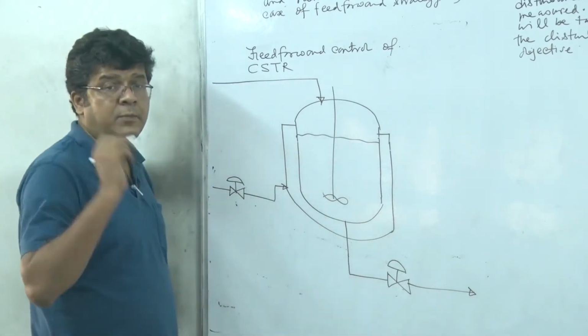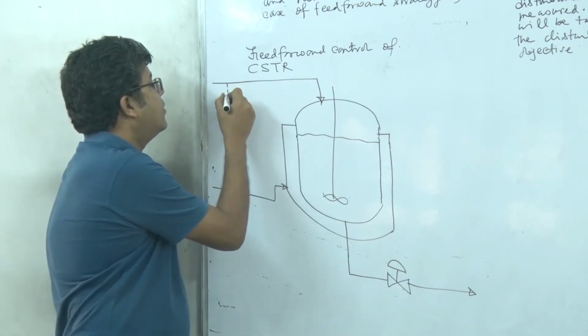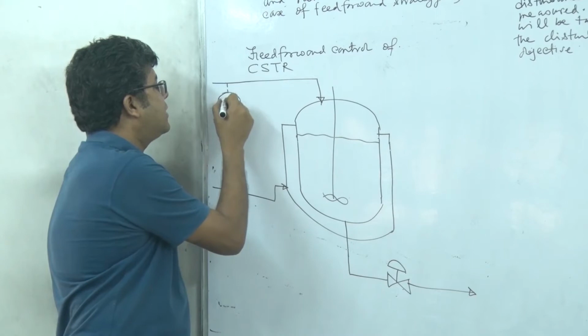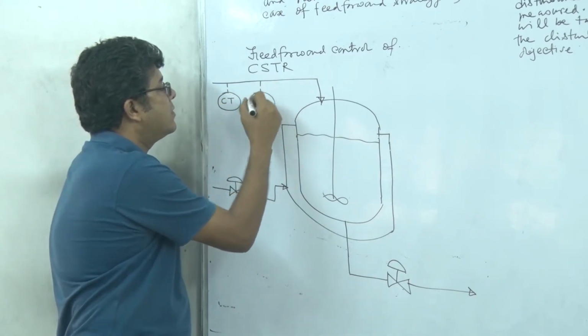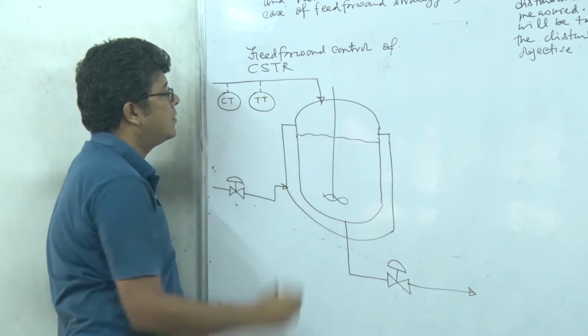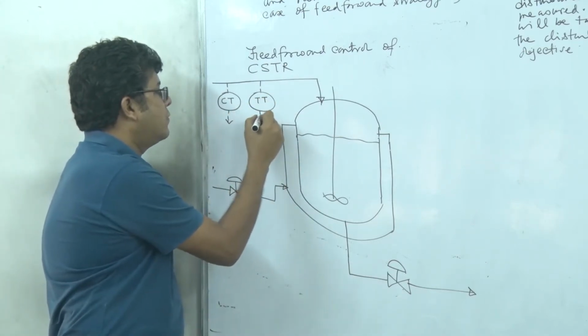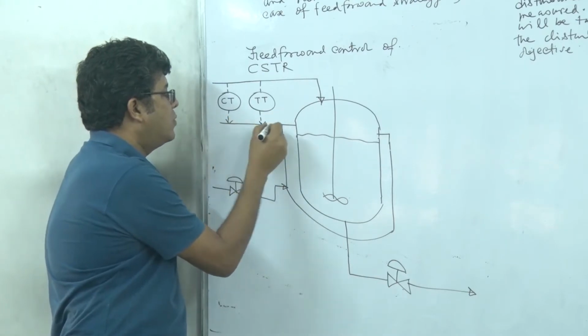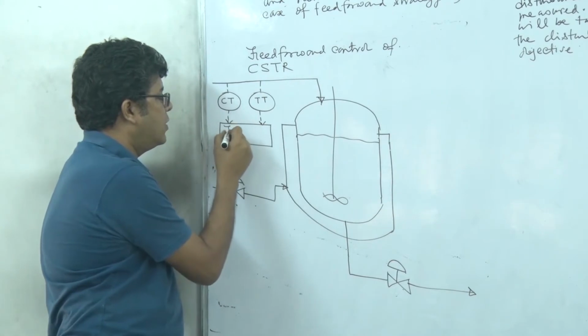So what are the potent disturbances? Definitely one will be the inlet composition, another will be the temperature. Right? So this is being fed to the feed forward controller.